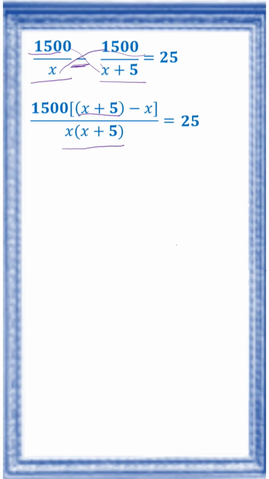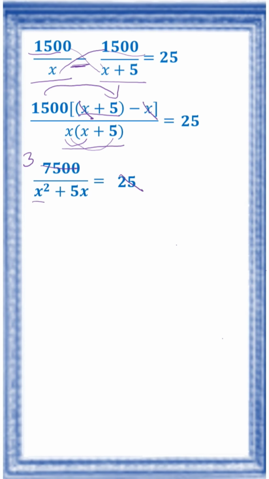Now observe, this x and this x get cancelled. 1500 into 5, that is 7500, by x into x, that is x square, x into 5, that is 5x, is equal to 25. Here just simplify. 25 ones are 25, 25 threes are 75, so 300.